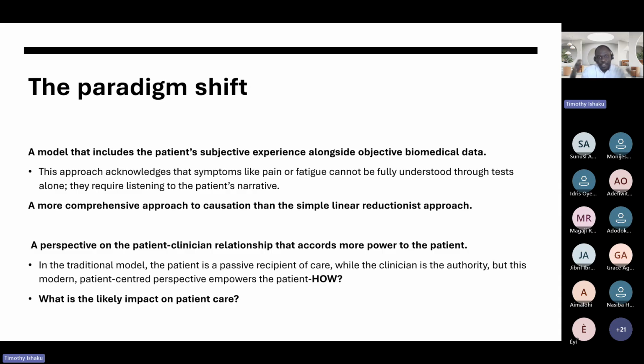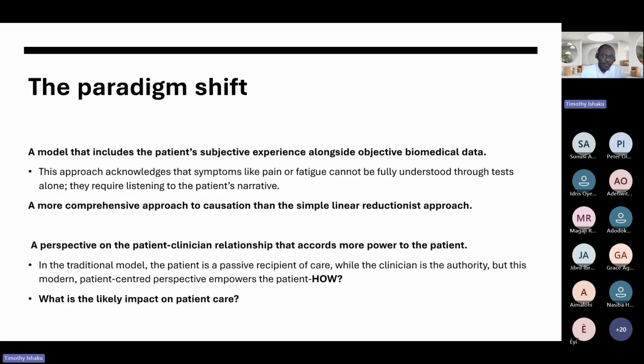We need to appreciate their situation, their educational level, how well informed they are, where they are living. There is no point in asking them to come to clinic 5 days a week and pay transport. They can't even pay for the treatment, talk less of coming 5 days a week. So all those things, we need to factor in.